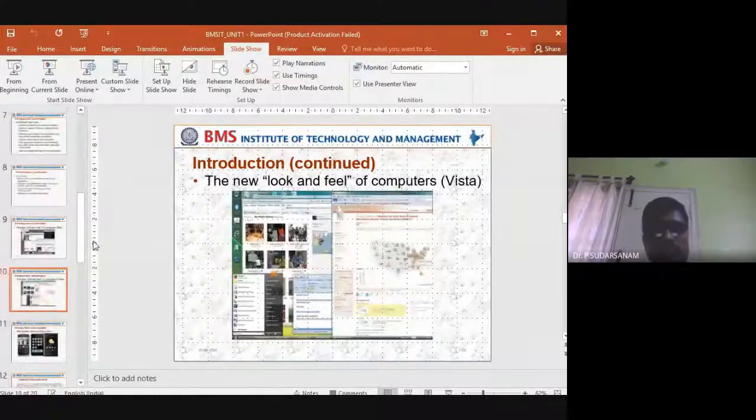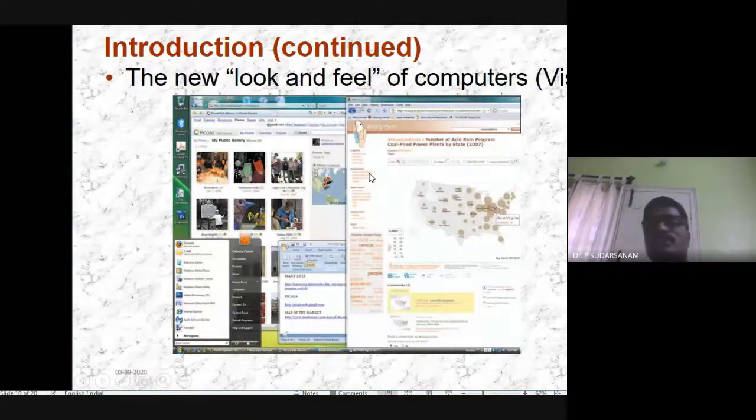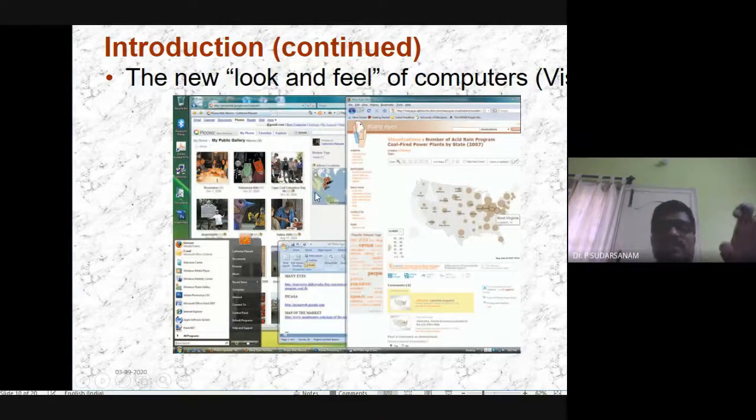Another example, I'll make this one bigger. See here, many windows are available. Like start, and here some galleries are available, photos, and here you have searched something. Like a Google map, some places are visible, and here one more window is open, and here also Google map, some icons displaying photos, all these things.